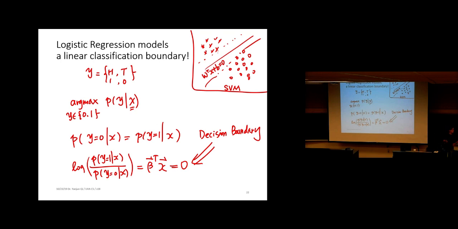I didn't understand why log of p upon 1 minus p comes out to be a linear function. How did this come out to be a linear function?